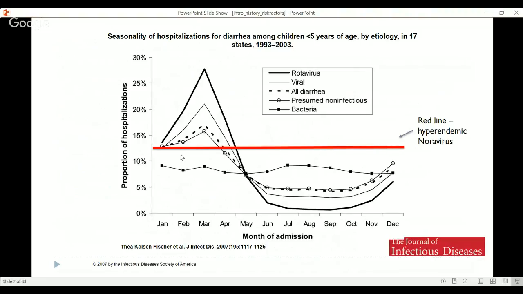And this red line, which I just put on the graph, is a fake distribution of diseases for, we'll say, norovirus. You can see here that from May to December, it's much higher than what you would see for any other viral diseases. We'd refer to that as hyperendemic.